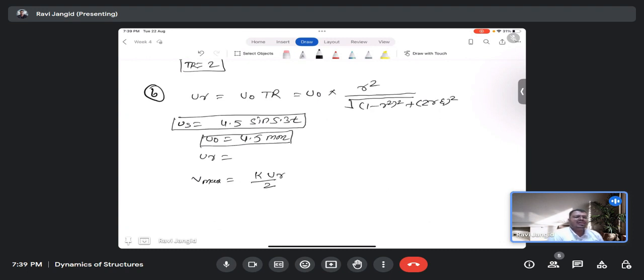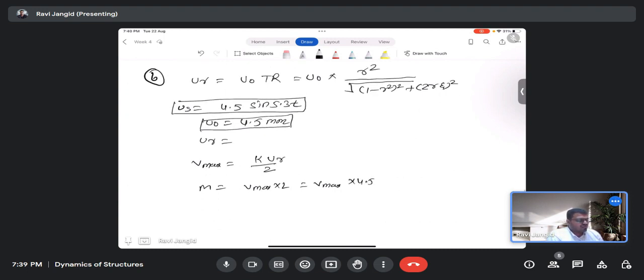If they were different, K would be 3EI by L cube for one column. After finding Vmax, you can find M, which is Vmax times the length, 4.5. After finding M, you can find the stress, M by Z, where Z is 67 into 10 raised to power minus 6.